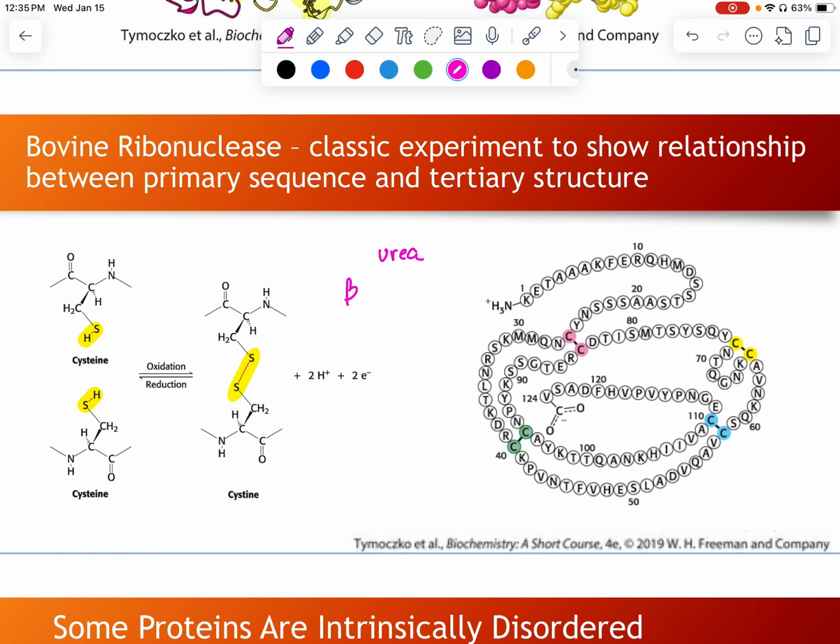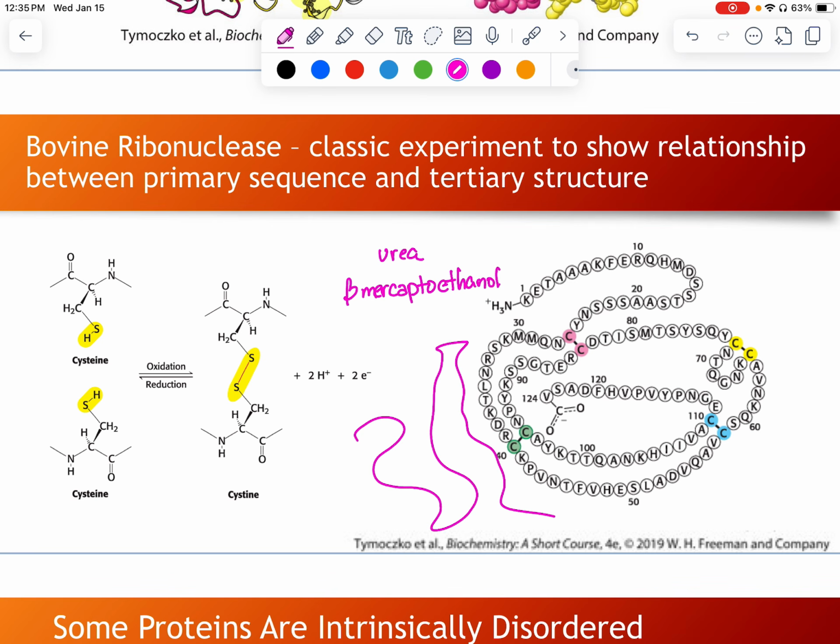They also added beta-mercaptoethanol, which was a reducing agent, so it broke the disulfide bonds. Now there's nothing holding this in its tertiary structure, and you get just a random denatured chain. The amino acid chain is still intact, but it's not in any specific three-dimensional arrangement. The order of the amino acids doesn't change.